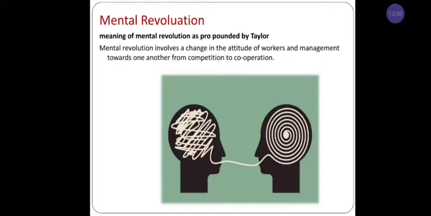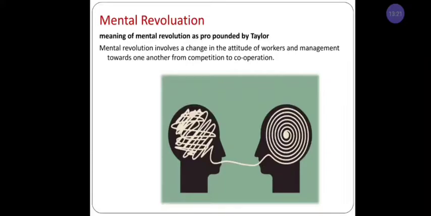With that, competition becomes cooperation. At the workplace, we should not have competition. Instead of competition, Taylor says cooperation is important. This is called mental revolution. Once again, I'll repeat.